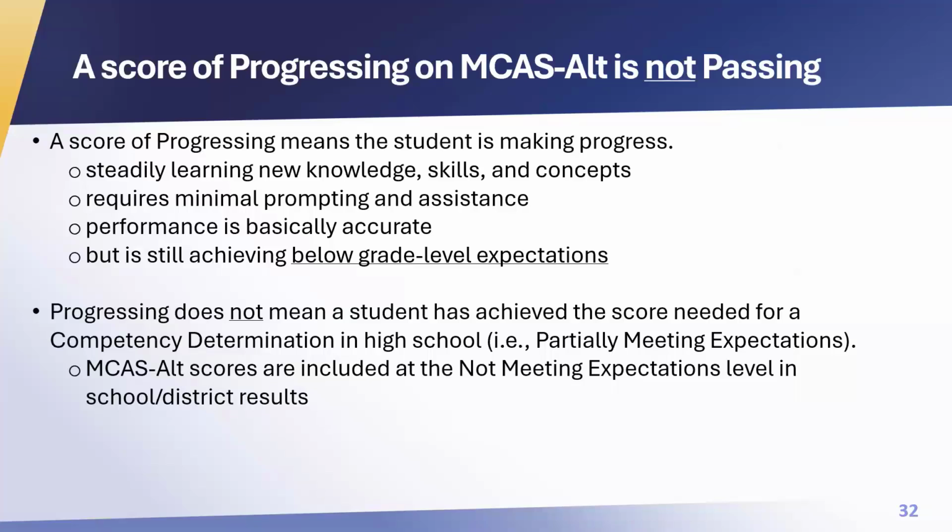Again, I mentioned this earlier, just to reiterate, a score of progressing does not mean this student is passing, does not mean they passed the test. The score of progressing means the student is making progress. They're learning new knowledge and concepts, but obviously they're still achieving below grade level expectations. Progressing does not mean passing, and if they receive progressing, they would not achieve their graduation, they would not meet the composite determination.